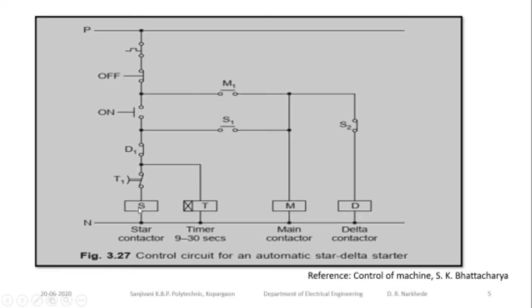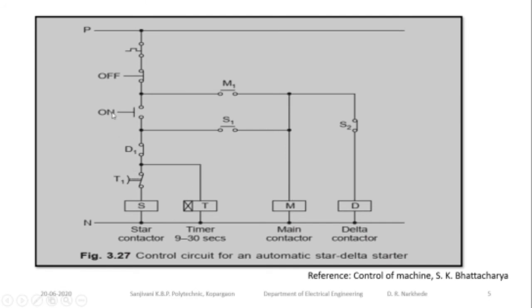Once the star contactor is energized, its S1 contact will close and S2 contact will open. When S1 closes, the current will flow from phase to off, to on, to NC of S1, to the main contactor, and the main contactor gets energized. Once the main contactor is energized, its M1 contact will close, and the main contactor remains energized through its auxiliary contact M1.